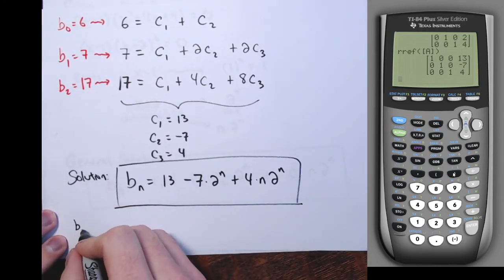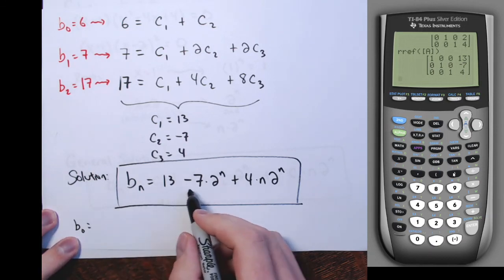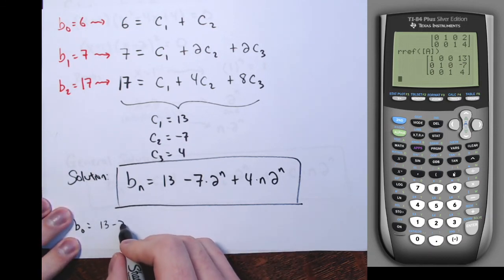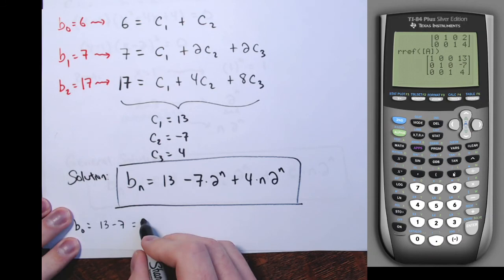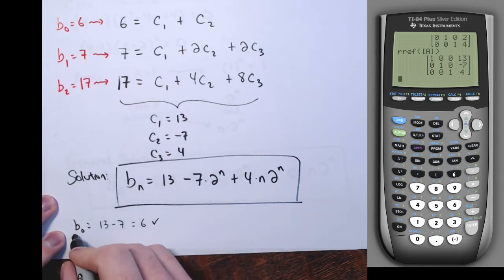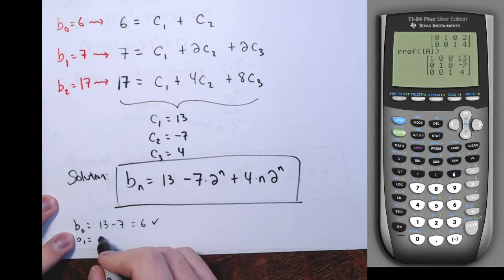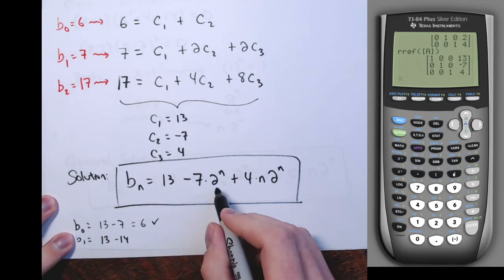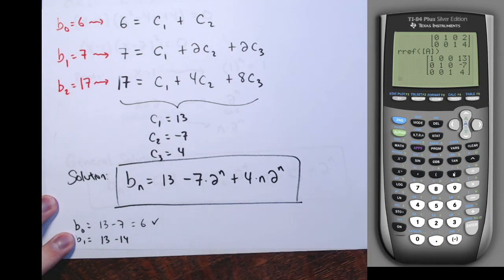What's B0? That'd be 13 minus 7 plus nothing, which is 6. Check. That gives me B0. B1 would be 13 minus 14 plus 8. So -1 plus 8 is 7. Check. B1 is 7.